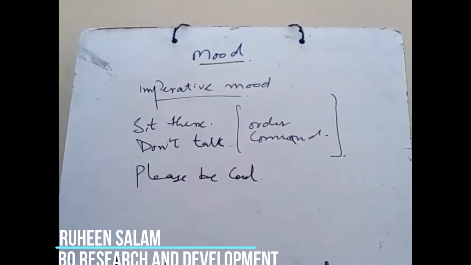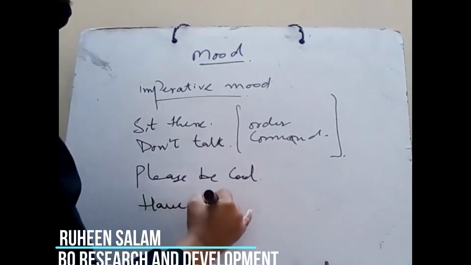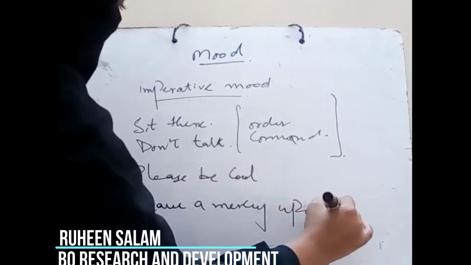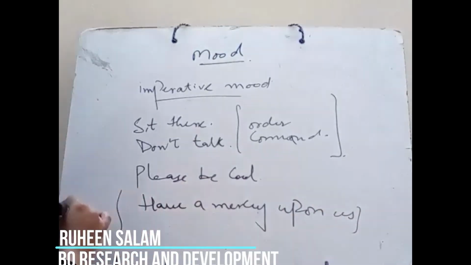So if I am saying please, it means that this very thing is coming in the category of request. If I am requesting someone to do this thing and to avoid some things. Again, another thing which is related to our wishes or our prayers, and that is have mercy upon us. This is my wish.